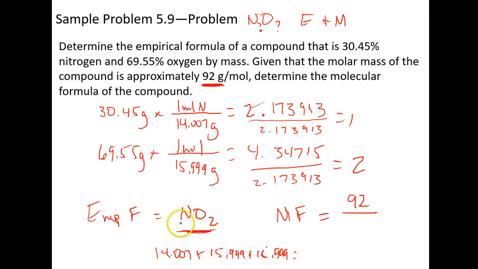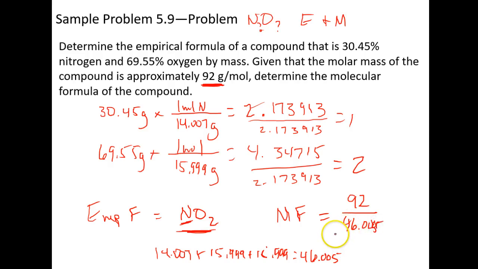How do I get that? Well, there's one nitrogen, which weighs 14.007, and there are two oxygens, each 15.999. So 14.007 plus 15.999 plus 15.999 gives me 46.005. So divide 92 by 46.005.